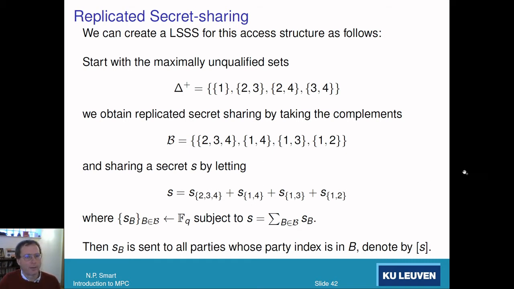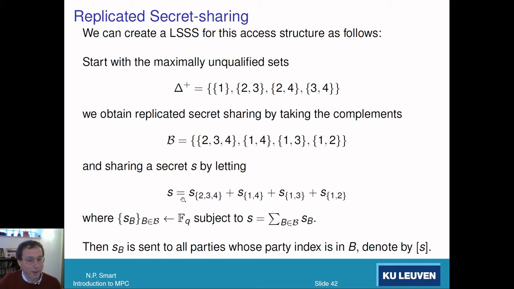So the complement of 1 is 2, 3, 4. The complement of 2, 3 is 1, 4. And then for each of these complements, we define a secret. We share the secret S by having S be the sum of 4 things, one for each of the complements of the maximally unqualified sets.